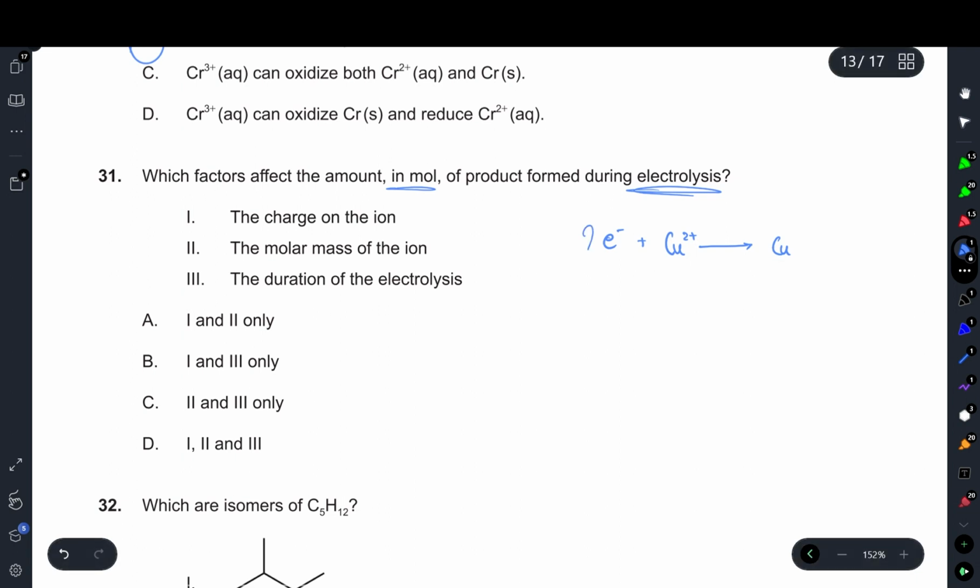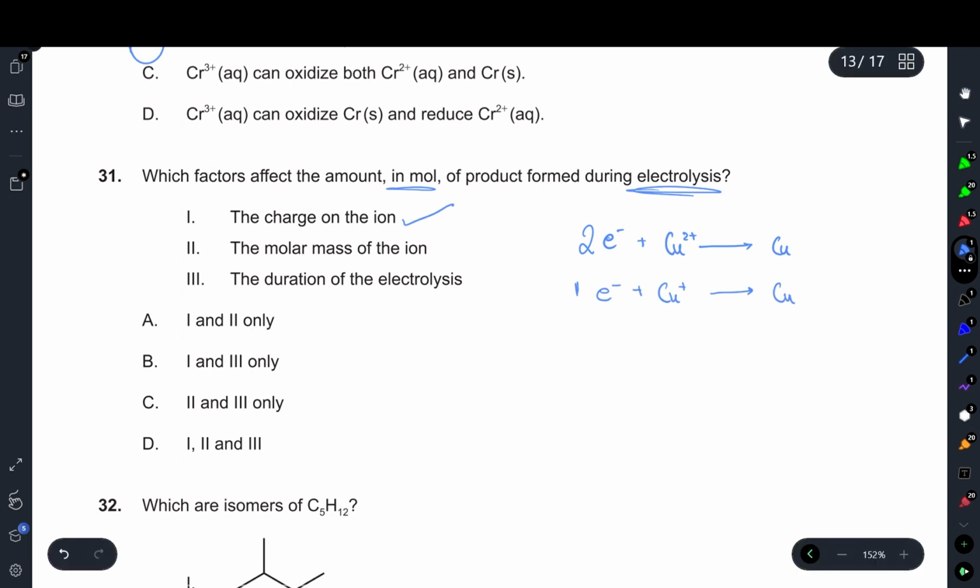So 2 moles of electrons are required to form 1 mole of copper. This means that the charge on the ion definitely affects it, since with Cu+ you only need 1 mole of electrons. Therefore, the charge on the ion definitely affects the amount of product formed.